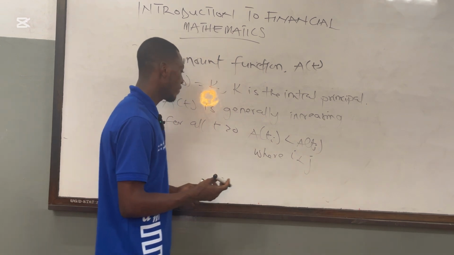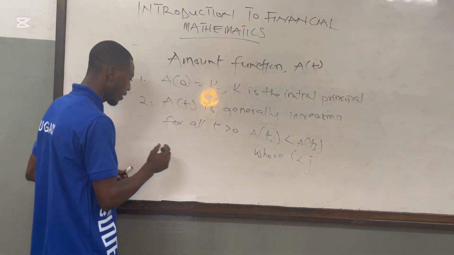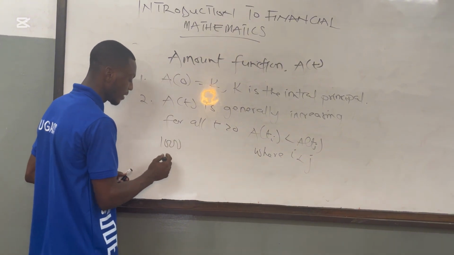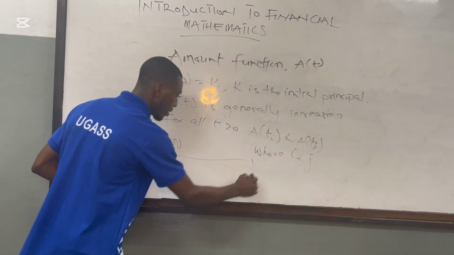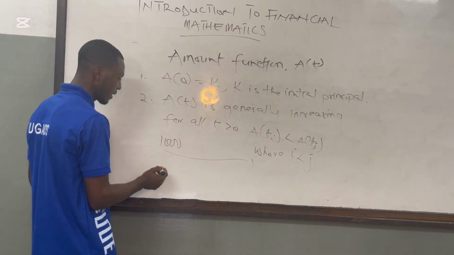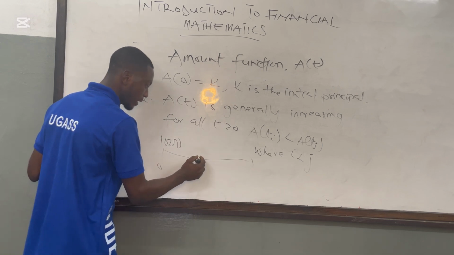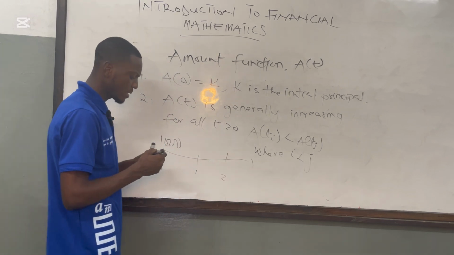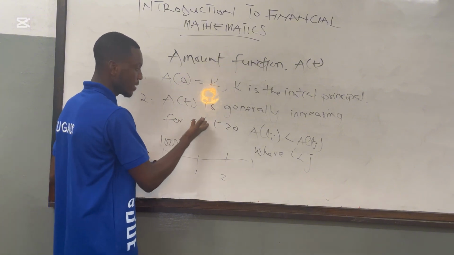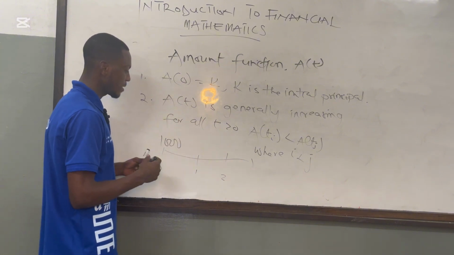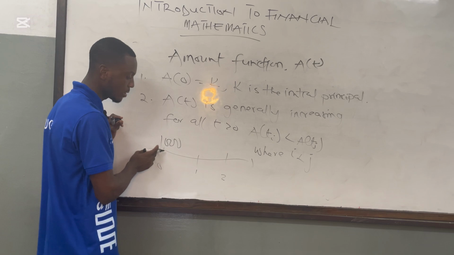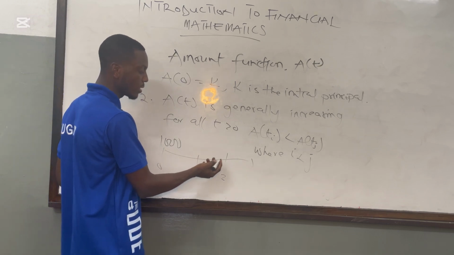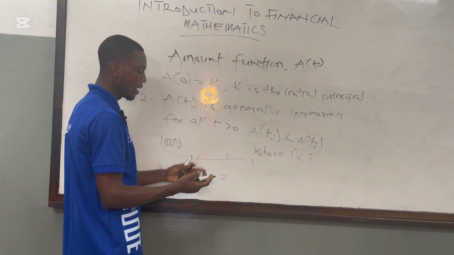It means that if I invest, let's say, 1,000 now at time 0, between time 1 and time 2, I expect that because A(t) is increasing, the amount that this 1,000 will accumulate to in 1 year should be less than the amount that 1,000 will accumulate to in 2 years.